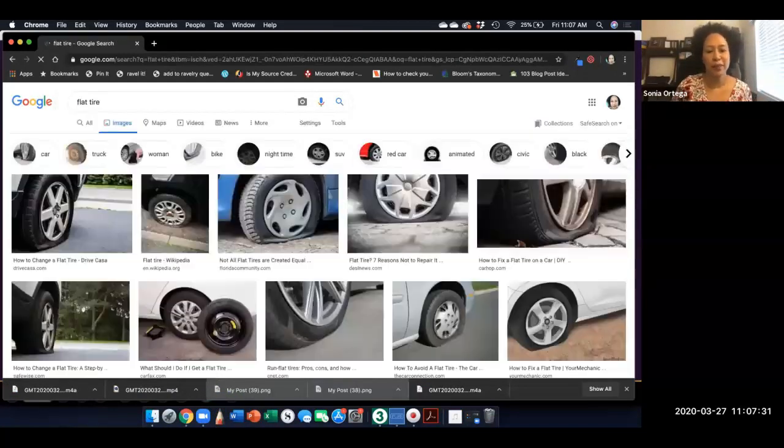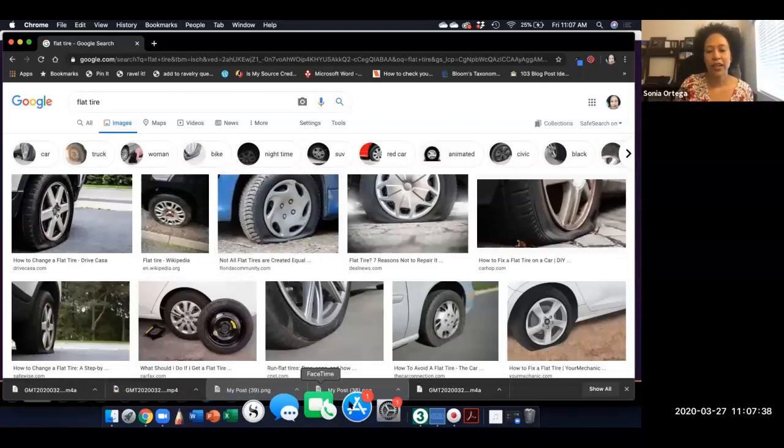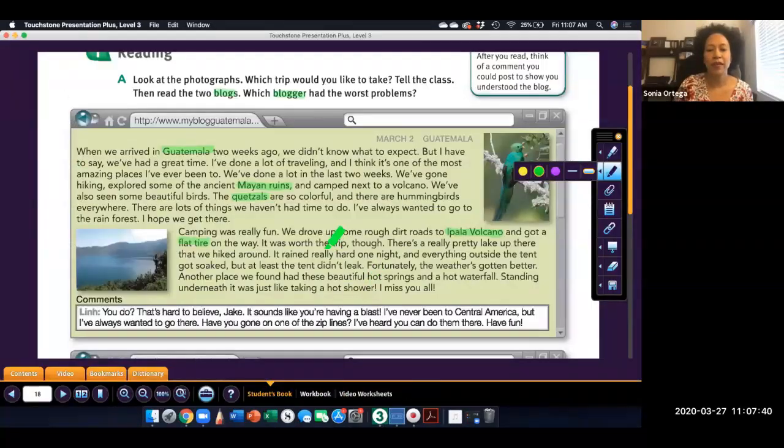Hopefully this has not happened to you, but this is a flat tire. So they got a flat tire when they were driving up there, and then the rain made everything get soaked. So soaked is when something is just full of water, but they were dry because the tent didn't leak.